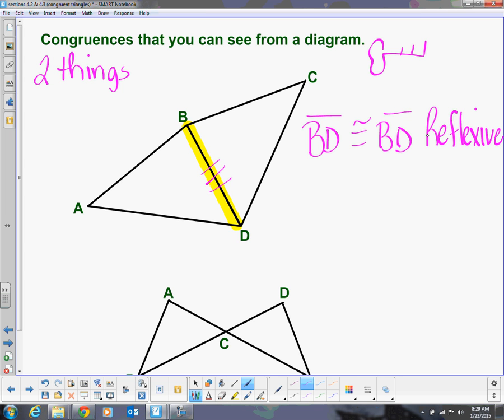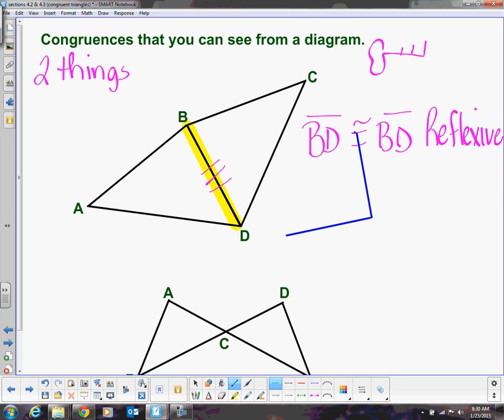It's a reflexive property. Now, could you have angles that were the same? If I drew these two triangles, this angle right here is in this triangle, and it's also in that triangle. So this angle would be congruent to itself by reflexive. You are going to see the sides more often.